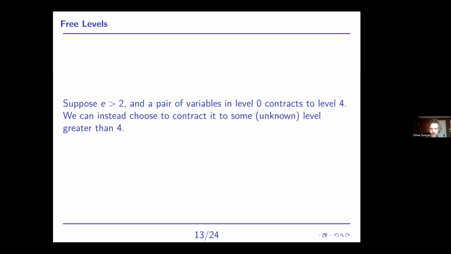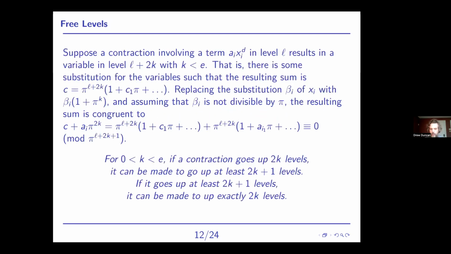Okay, so the consequence of this is that whenever we perform a contraction, let's say that our contraction starts in level 0, we can choose for that contraction to not go to levels 2, 4, 6, and so on, all the way up to 2e minus 2. Right, so all of those k's will be less than e, from 1 all the way up to e minus 1. So we can skip all of these levels, or we can force our contraction to stop at one of these levels if it would have otherwise gone past them.